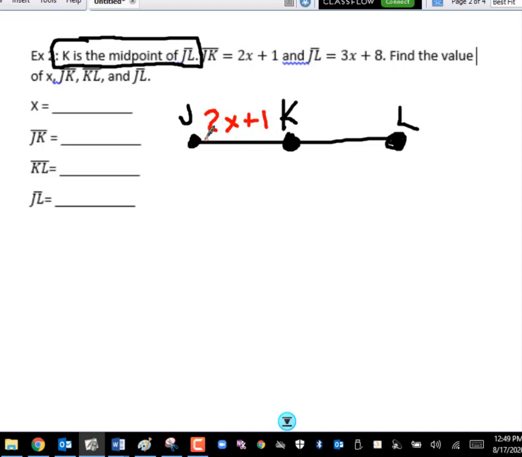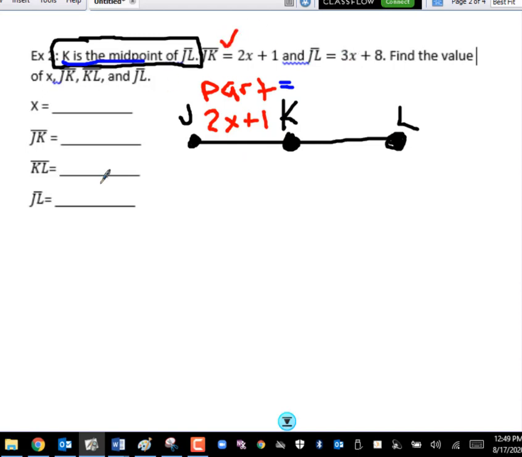Well, that's only part of the whole line, so I can label that part and make my life easier. And another thing I did not label that I should have labeled was that K was the midpoint, so I'm going to put the equal sign over K just so I know it's the same on both sides. Okay, so we did JK, check.